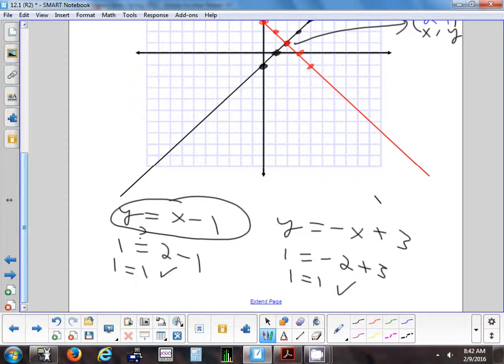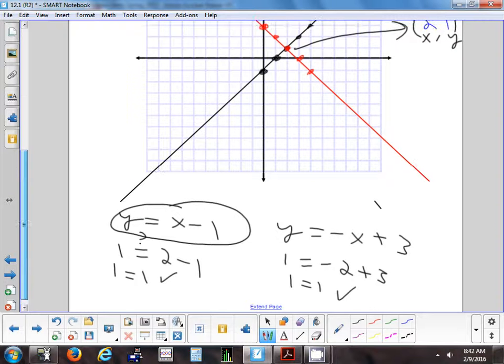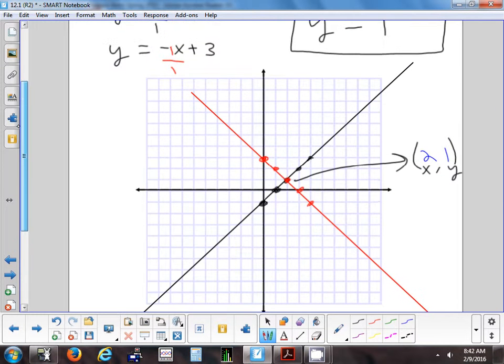So we found an answer that works for both, and that is the only answer that is correct. Again, you don't have to check your answer. I'm just showing you because I think in the next section we'll get into plugging things in, so that's going to come up.